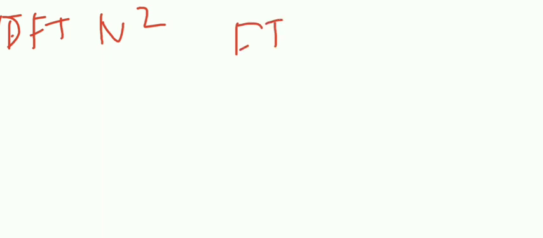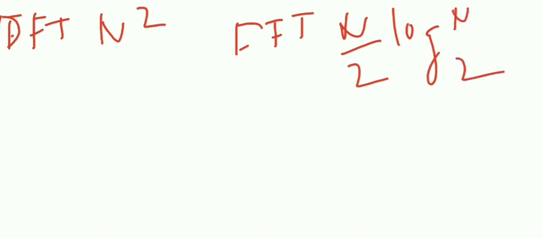So what will happen? The number of complex multiplications required for an N-point DFT: for DFT we need N square complex multiplications, whereas for FFT we need N by 2 log N base 2 complex multiplications, where N is the sampling point.